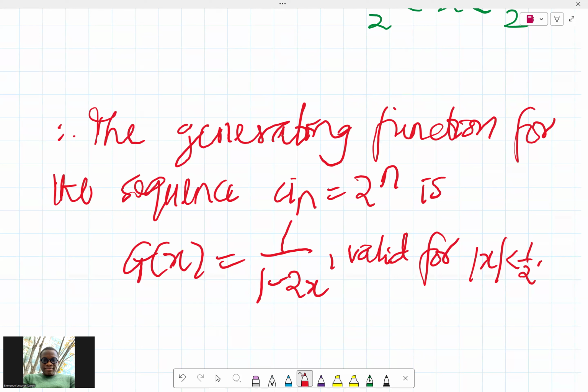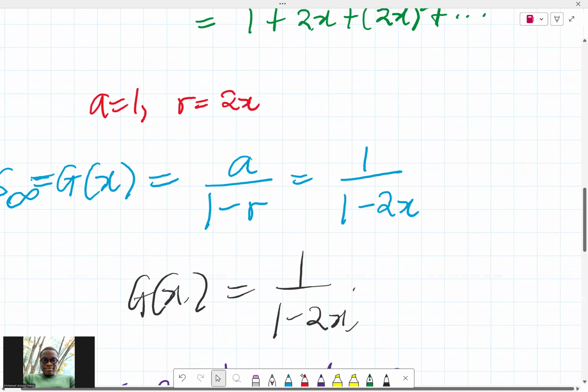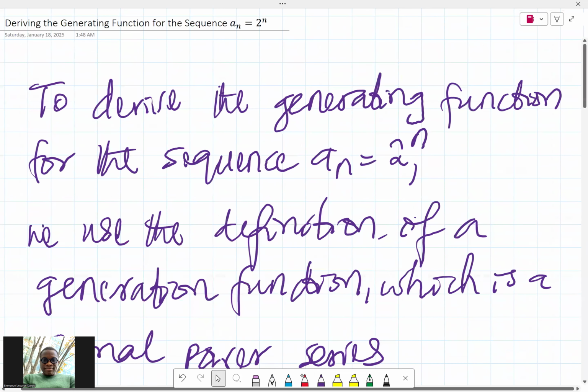And that ends it. So that's how to find the generating function of any expression. All you need is the a_n, then you look at the sum to infinity of the series formed from that, and you can get your generating function from that.